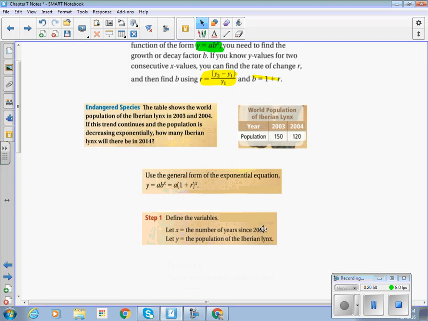We're not inputting the number of years since the birth of Christ. We are putting in the number of years since 2003. So 2004 will be year 1. 2005 would be year 2. So x is the number of years since 2003. And y is the population of the Iberian Lynx.